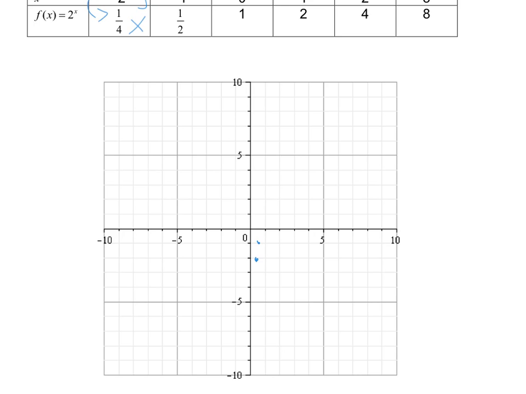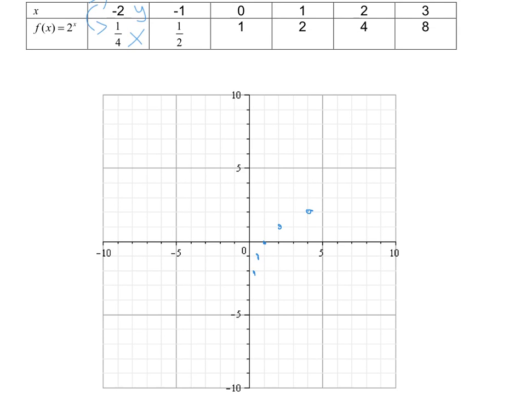And then you go 0, 1. And then you go 1, 2. 2, 4. And then 8. Oh, wait, hold on. Had to make some corrections there. Should have been 1/4 -2, 1/2 -1, and then 1 0, then 2 1, then 4 2. Now we're going 8 and 3. So it ends up looking like this.